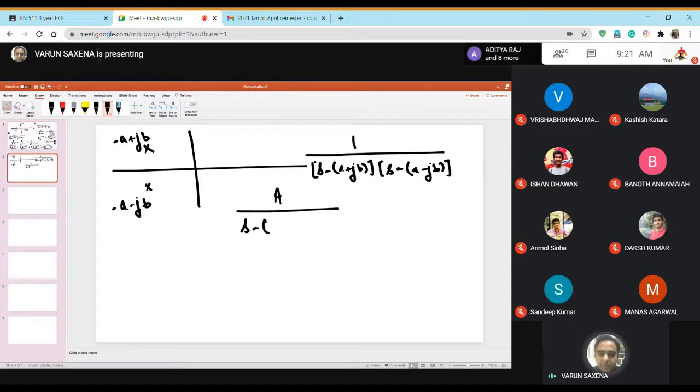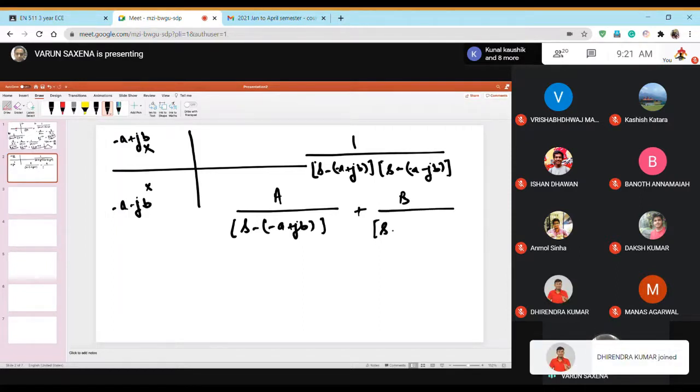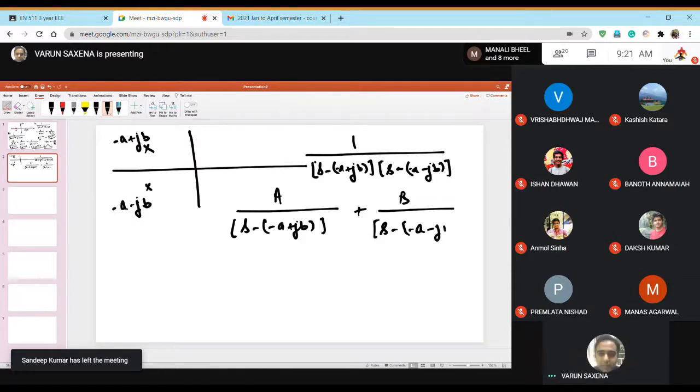So there is a negative sign here and there is a negative sign here. So it will be minus a plus jb plus b over s minus a plus jb, right? So whatever are the values of a and b, that's different.